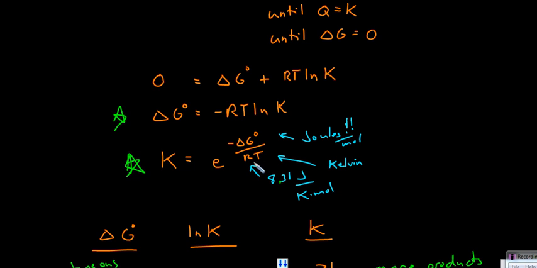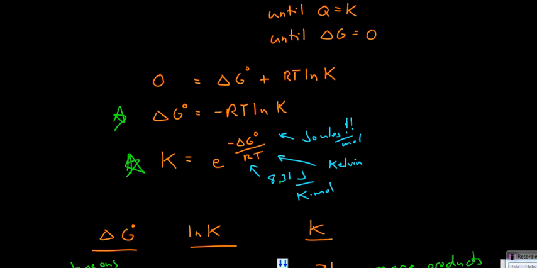Yes, if you're dealing with some equation which is dealing with energies, R is going to be that 8.31 joules per Kelvin mole, not 0.0821. Our temperature will be in Kelvin, and being that we are dealing with R, which is in joules per Kelvin mole, our delta G standard value must be in joules as well, joules per mole.